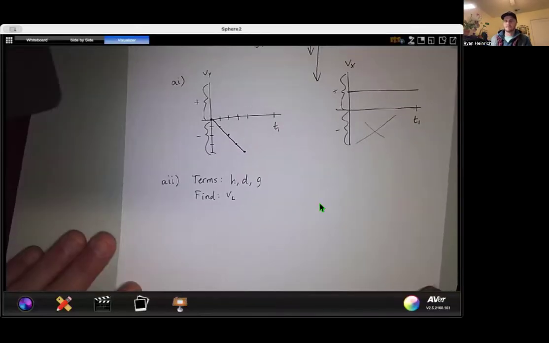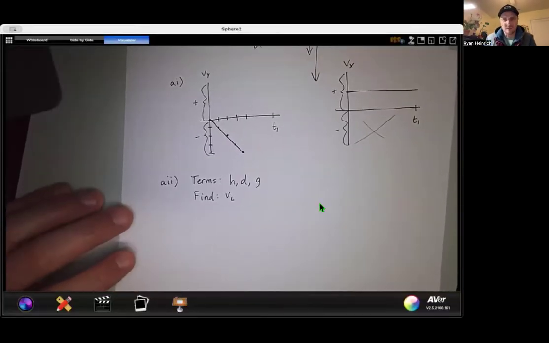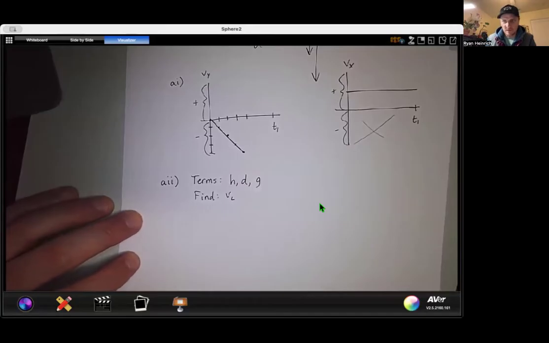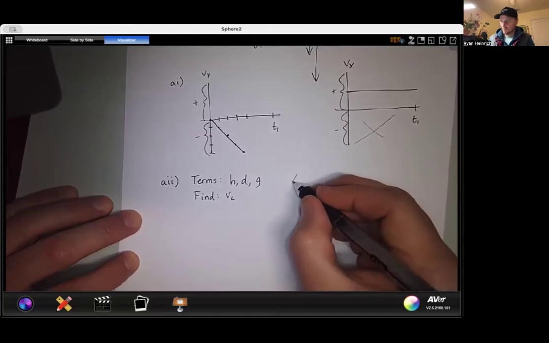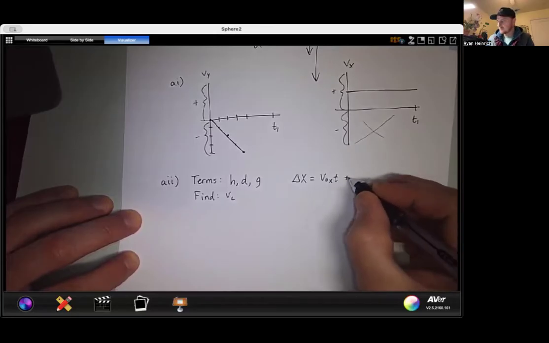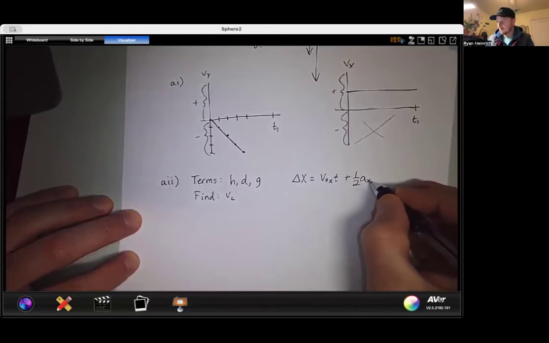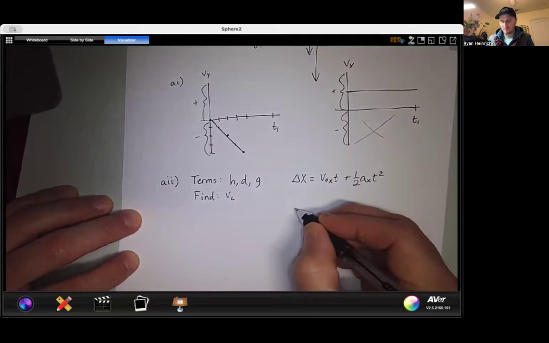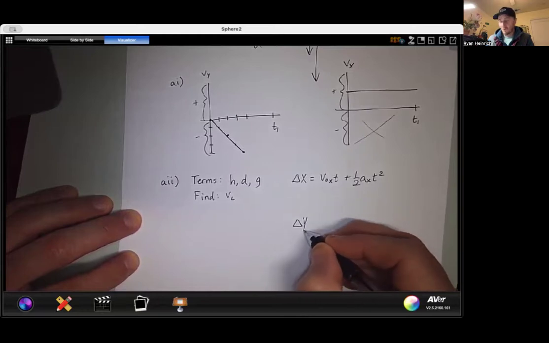Now, 9 times out of 10, I'm telling you, you will go straight to this kinematic equation. And when I say this kinematic equation, I mean for both the x-axis and the y-axis.